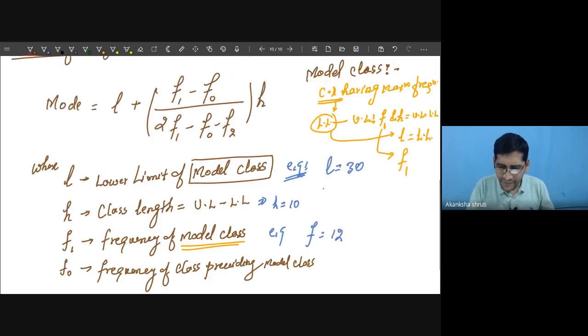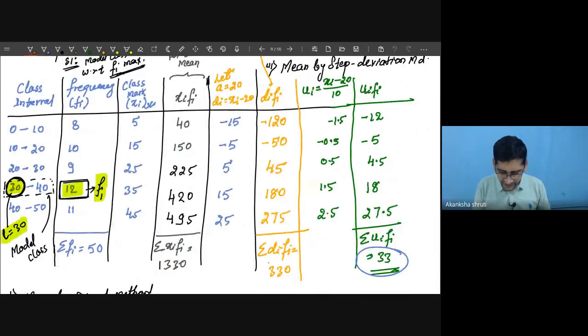From this example we can understand, we have chosen the model class first by allocating the highest frequency 12, the model class 30 to 40, in which the L, the lower limit of the model class, is 30. Now with this frequency, you have to just go one step back for getting the F0. From this 12, you have to go one step back. This is just the preceding one. So this preceding one, 9, gives us F0. Okay, student?